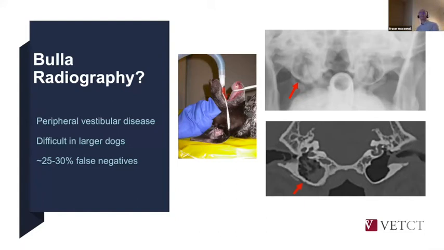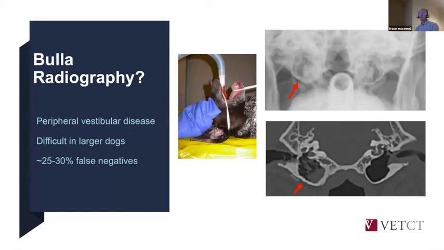Well, back in the day, it was essentially limited to radiographs, and we could certainly get quite nice images of the bulla. It required general anesthesia and putting the animals into these kind of contorted positions. Quite challenging in larger dogs, but we could get some nice images. Here we can see on the radiograph thickening of the bulla wall on the right, and a subtle increase in opacity compared to the contralateral side.